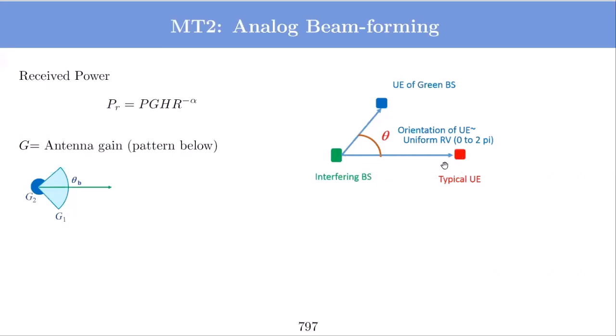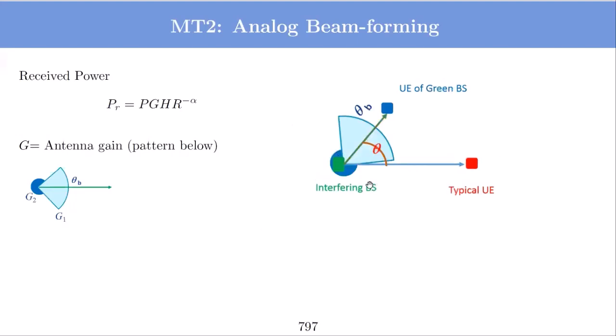So if I want to compute the typical UE antenna gain, I will take this theta, put the antenna gain here and compute what will be the antenna gain in this direction. And again, if you assume the UEs are stationary, located in all directions, you can think that this theta is a uniform random variable between 0 and 2 pi.